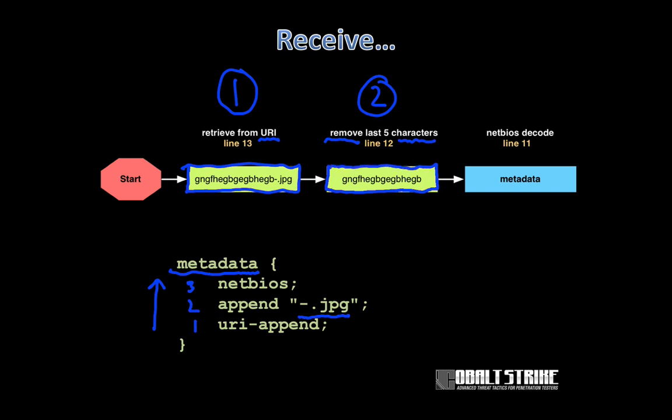Likewise, for step 3, the NetBIOS encode step, when we're doing a recovery, the inverse is to decode. So we're just going to do a NetBIOS decode, and we end up with the metadata. And that's how a data transform works to recover data.